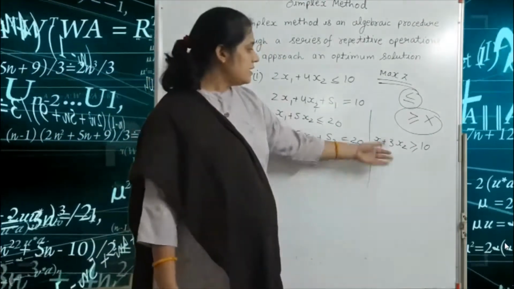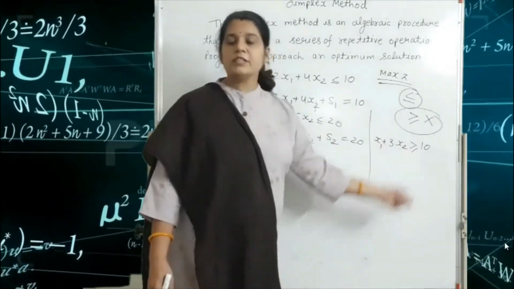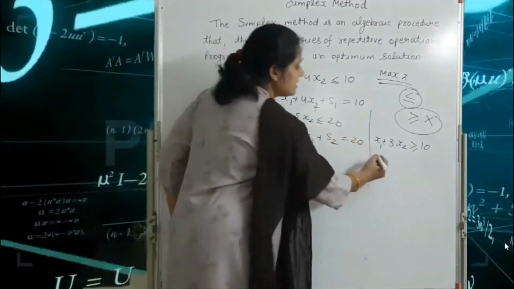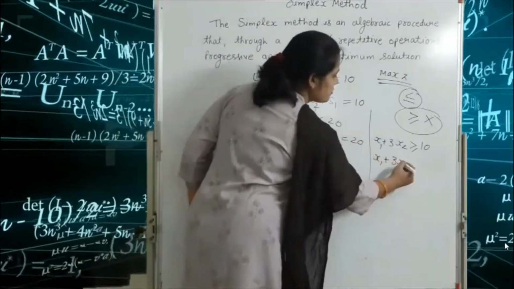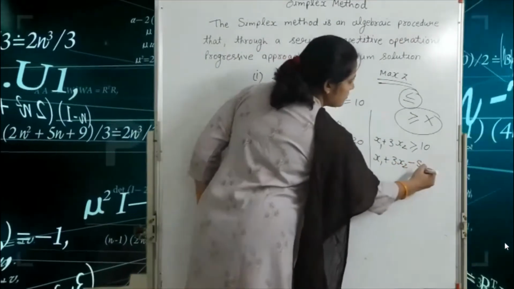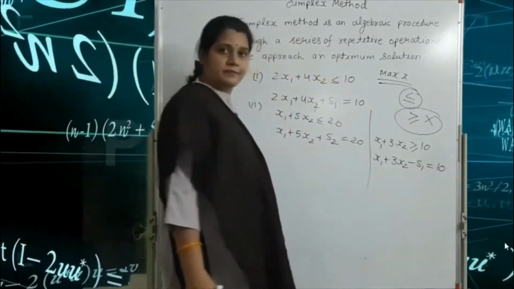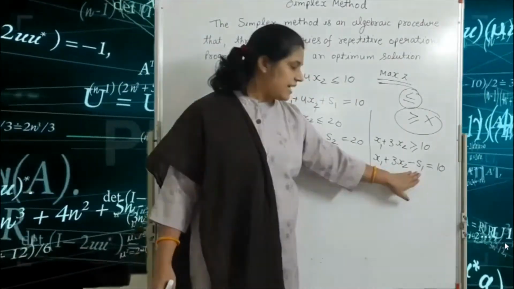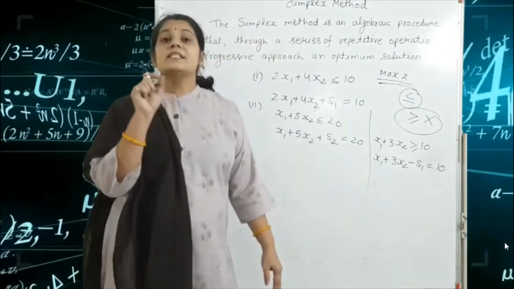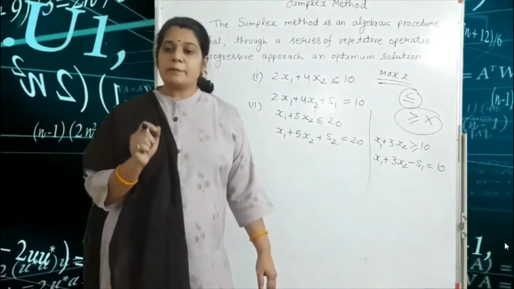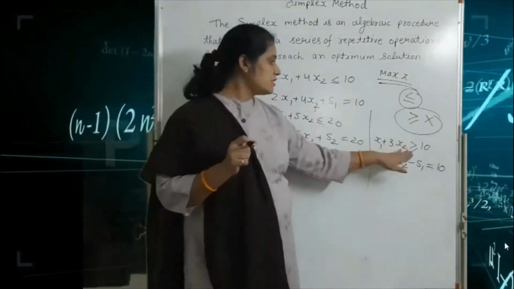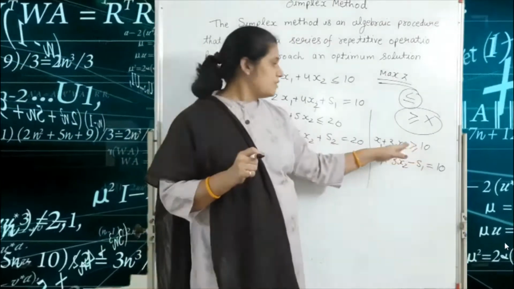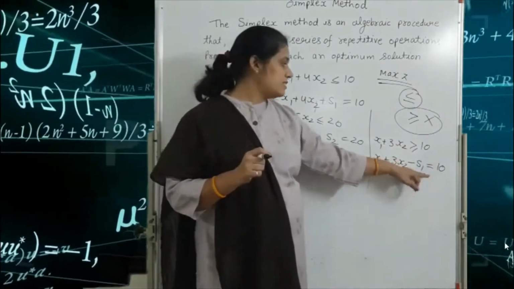That means these values are greater than or equal to 10, so we subtract some value. We write x1 plus 3x2 minus s1 equals 10, and this s1 denotes the surplus variable. If the value is greater than or equal to 10, we subtract some value, that means minus s1.